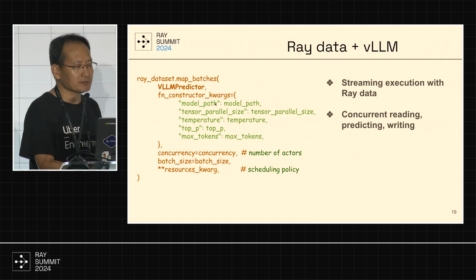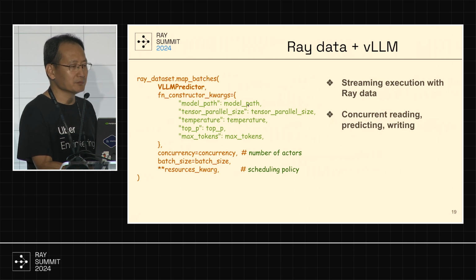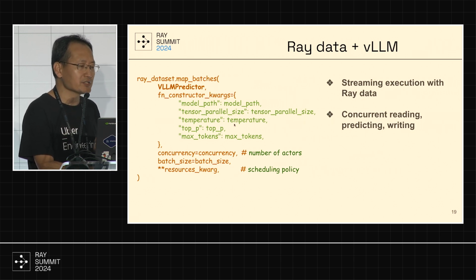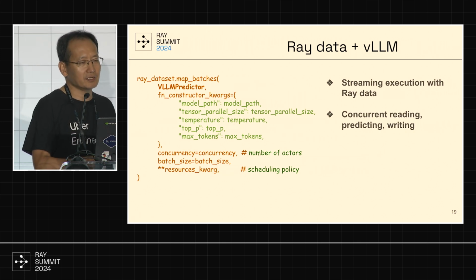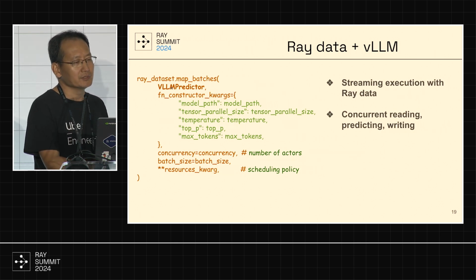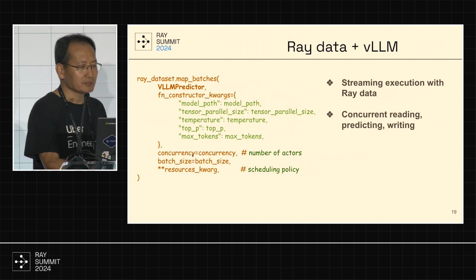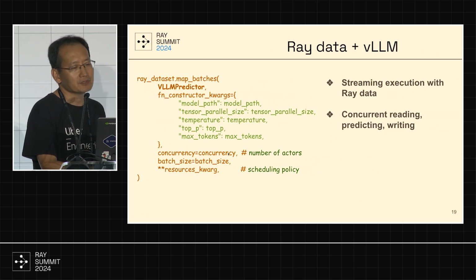Then you can pass the configuration of the model path, how many GPUs you need, and the text generation parameters like temperature, top_p, and max tokens as arguments. They will be passed through to the predictor in each Ray actor. Then you can use concurrency to control how many actors you need, for example 10 or 20, based on your job size.